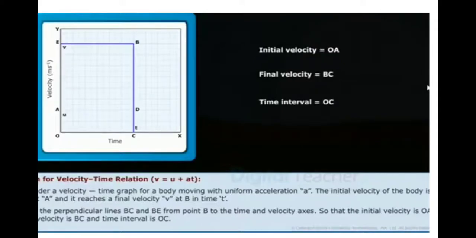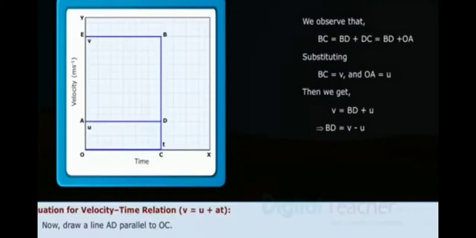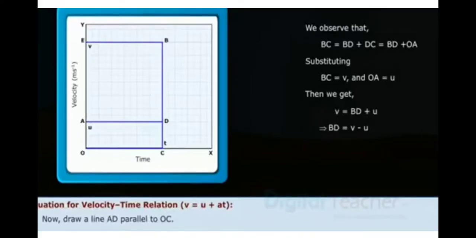Now, draw a line AD parallel to OC. We observe that BC is equal to BD plus DC, which equals BD plus OA. Substituting BC equals v and OA equals u, we get v equals BD plus u, which implies BD equals v minus u.